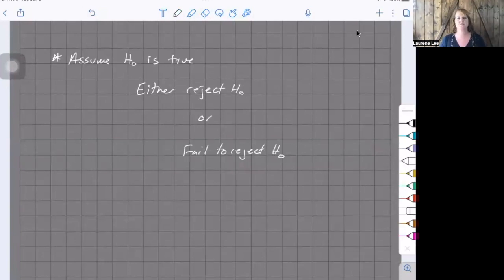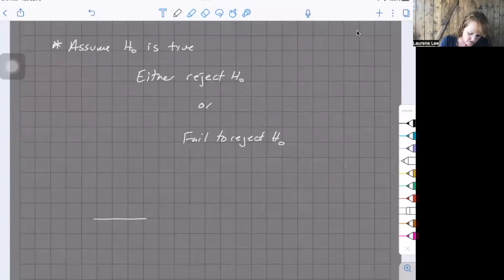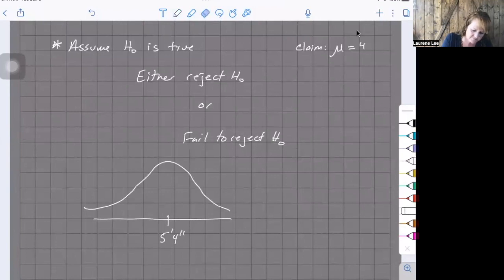Okay, so let's go back to our original example and talk through the language. In our original, we made the claim that the average height is 5 feet 4 inches. So if I was going to write my claim, I would say that the mean height is 5 feet 4 inches.